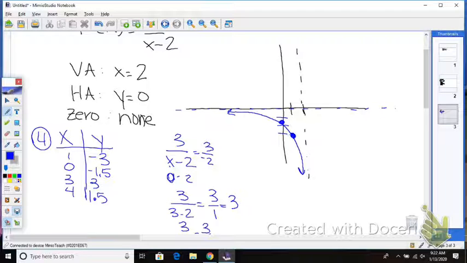So then that's our line. That's the first part. Then let's plot these second two here. So we've got 3, 3. So 3 is right here. And then I've got 4 and 1.5. So here's 4, 1.5. A lot of times they're going to mirror each other like that. And that's the graph.